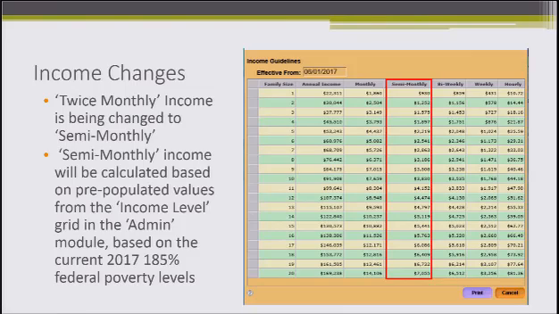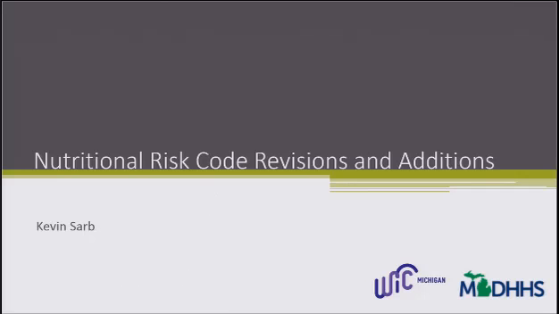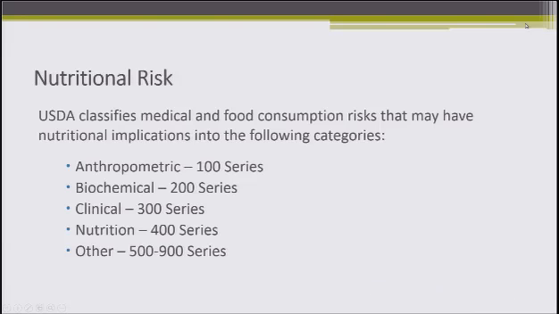The first topic I would like to present is the nutrition risk code revisions and additions that will be coming up with the next release. USDA classifies medical and food consumption risks that may have nutritional implications into the following categories.